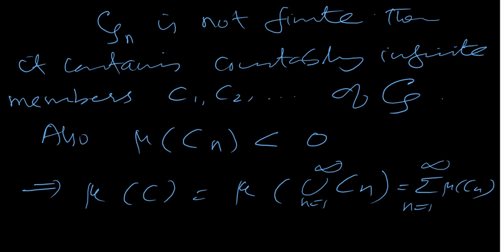Each number is a fixed negative number, because they are members of C, so the measure of each set is greater than minus 1 by n. So it's greater than the series, n from 1 to infinity, of minus 1 by n, and that's equal to minus infinity, because the series 1 by n is plus infinity. So mu of C is minus infinity.